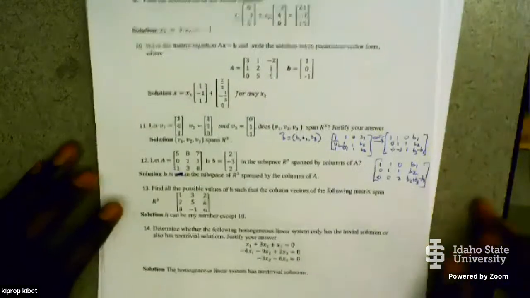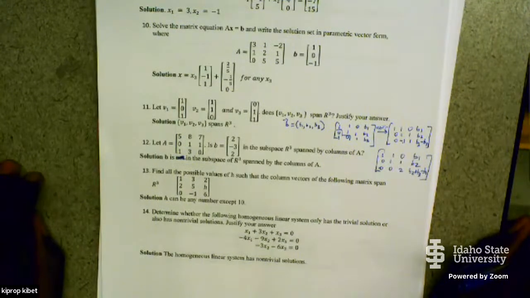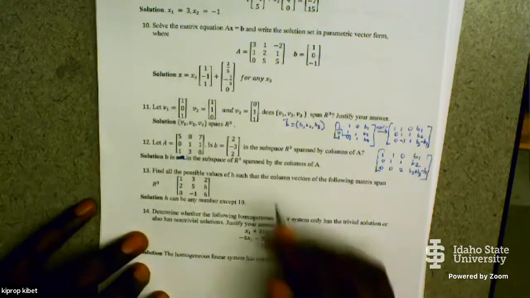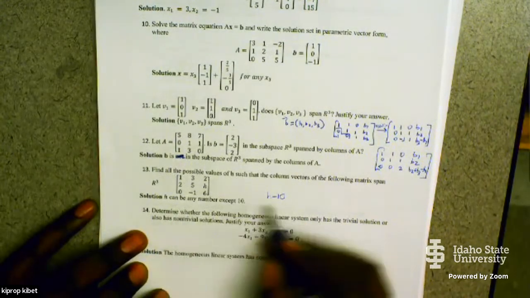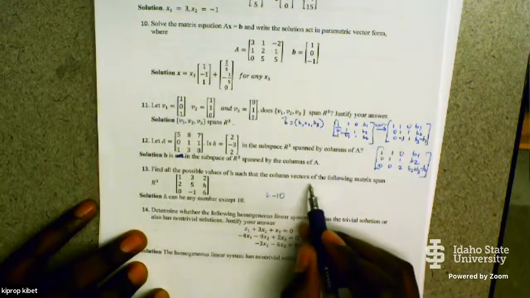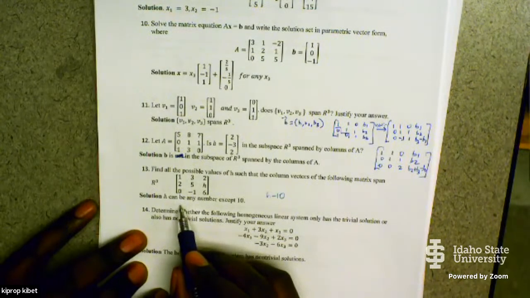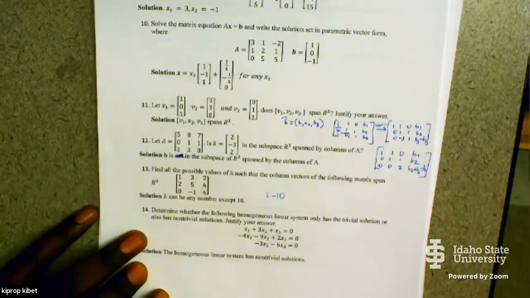Let's go to the next. Number 13 is actually similar to number 12. You found h minus 10, right? So when you solve it, you must find h minus 10 there. So for this one not to be consistent, then, is that kind of like 11 where you would be equal to B?